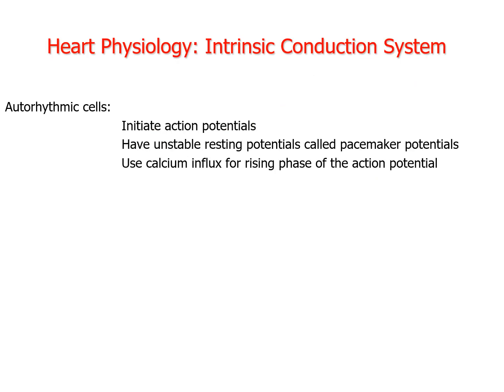This autorhythmic property is in specialized autorhythmic cells that form part of the intrinsic conduction system within the heart. These autorhythmic cells, and I'll describe the anatomy of that system in the next slide or two, initiate what are called action potentials.